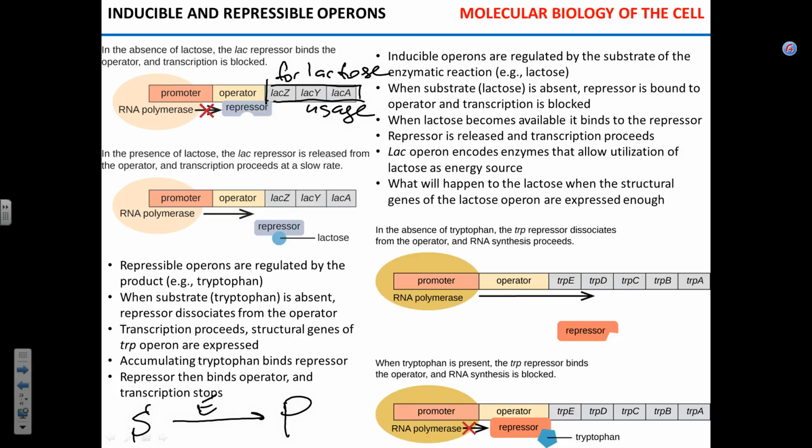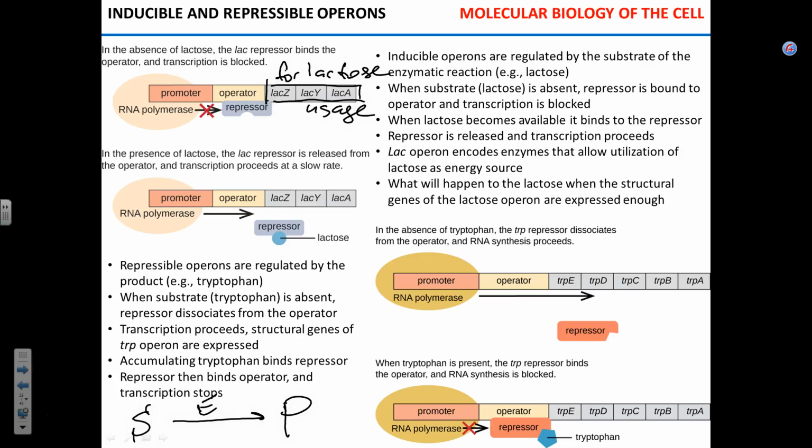When lactose in the environment is absent, there's no lactose, do we need those enzymes? Why don't we need those enzymes? Why doesn't bacteria need them? There's no substrate for the reaction when there's no lactose.